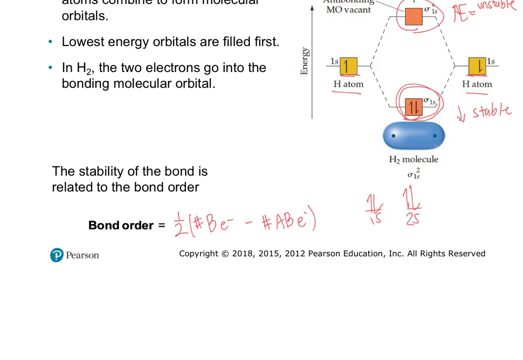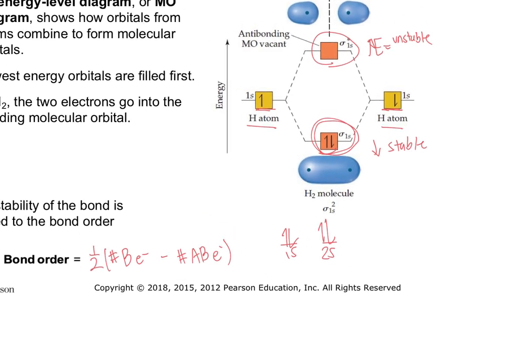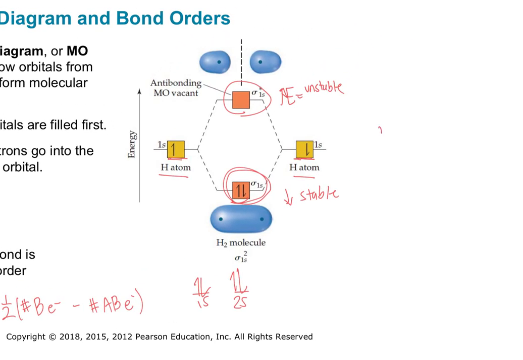In the case that we did above, we're going to do 1/2 times 2 electrons in the bonding orbital, minus 0 electrons above. So our bond order is 1. This corresponds to a single bond, which is what we see with hydrogen, a single covalent bond.